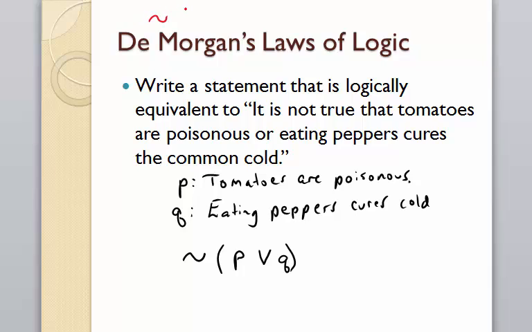It says the negation of P or Q is equivalent to the negation of P and the negation of Q. So what that tells me is that what we've come up with here will be equivalent to the negation of P and the negation of Q.